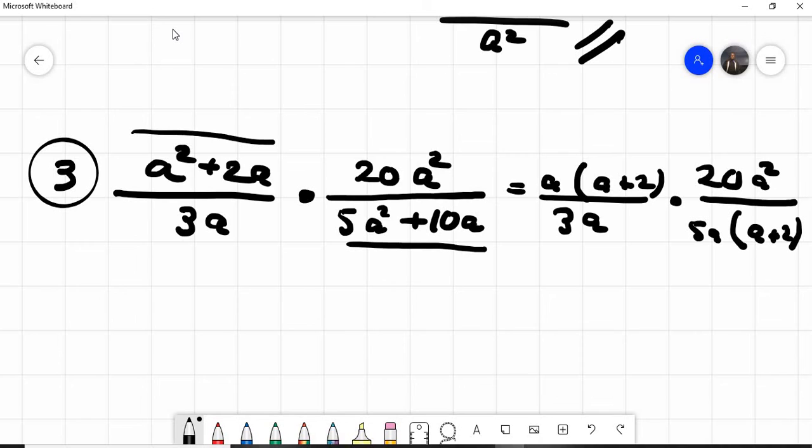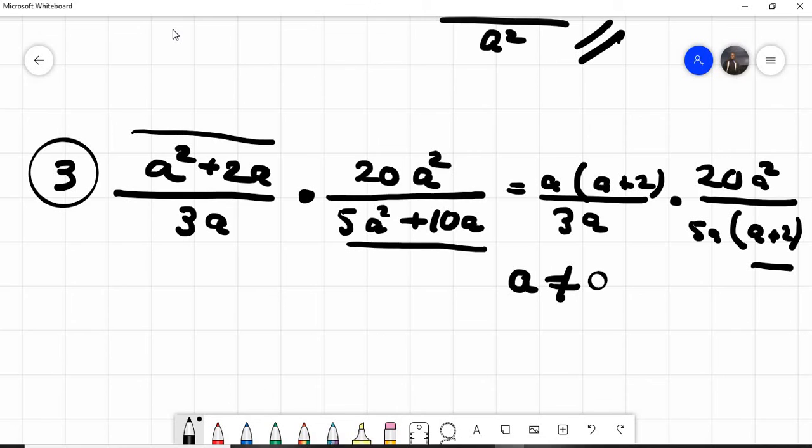At the beginning we didn't mention the restrictions, which we already learned. Our restriction is that a cannot be 0, because 3 times 0 is going to be a problem. And a cannot be negative 2, because of the a plus 2 we have here.